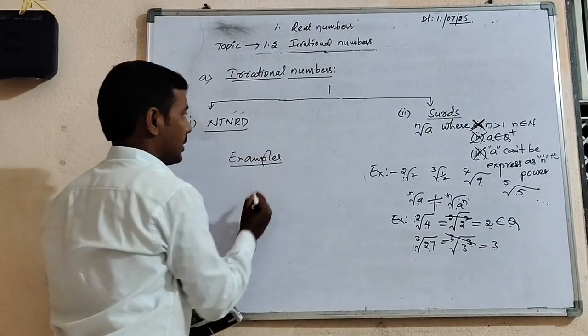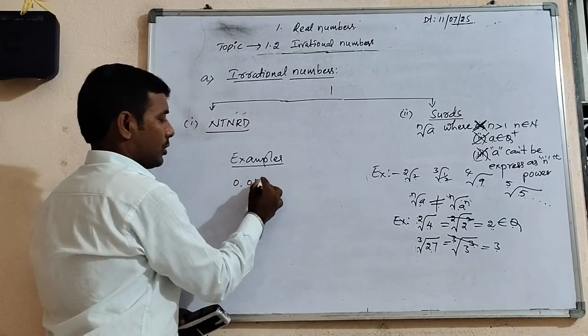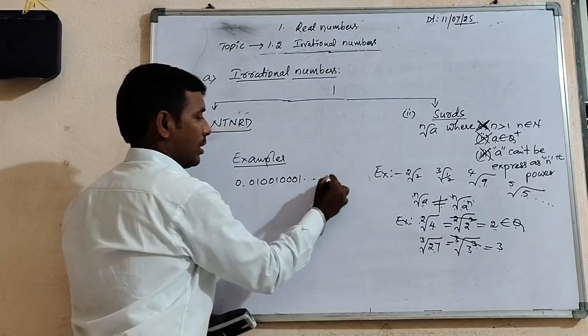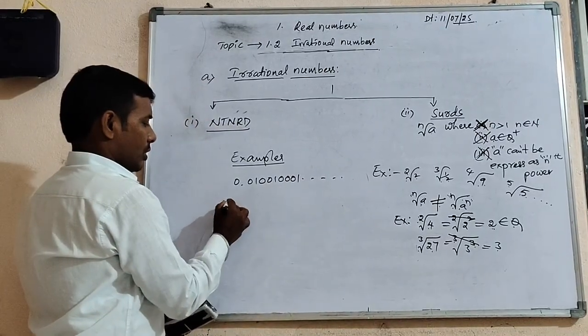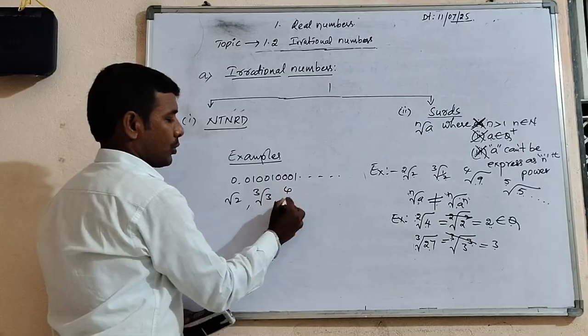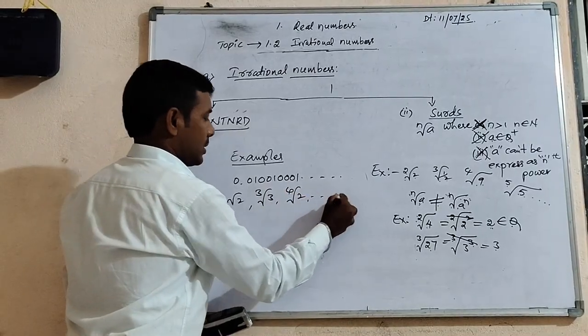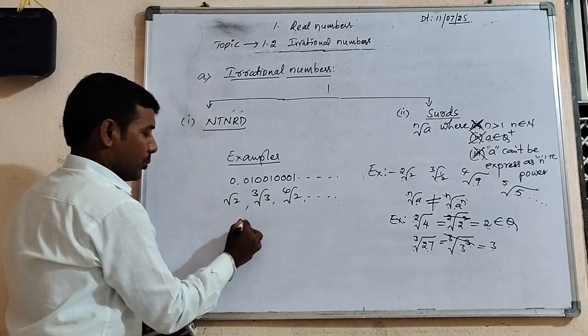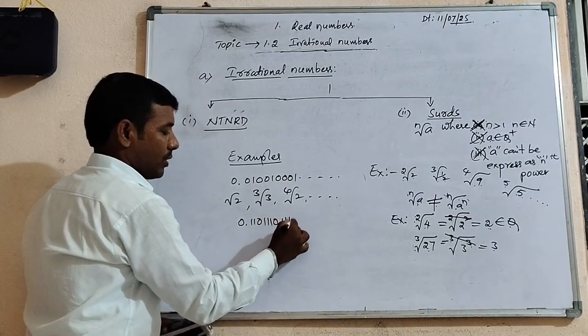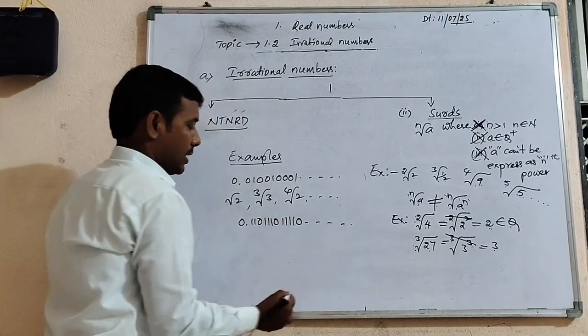What are the examples? See, 0.0101001 0001 dot dot dot. Now root 2, next cube root 3, next fourth root 2, like this. Next 0.110111 0111, like this.